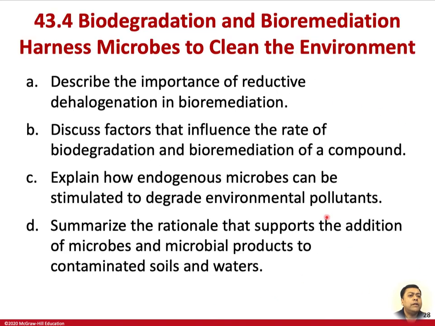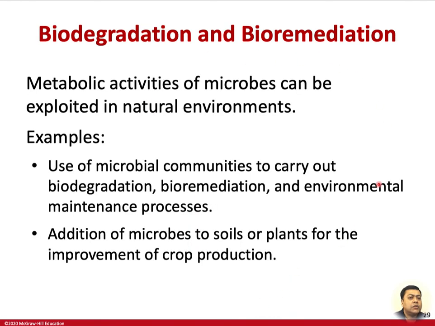So in section 43.4, we are going to talk about biodegradation and bioremediation. This is the microbes' power to clean the environment, and this is one of the processes that is utilized. Biodegradation and bioremediation are metabolic activities of microbes that can be exploited in natural environments.